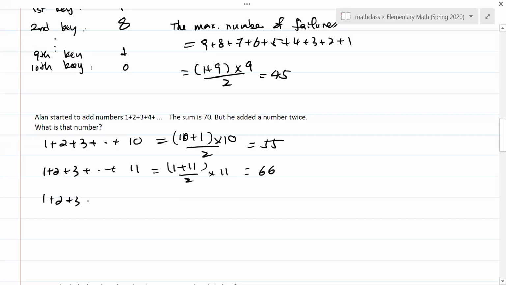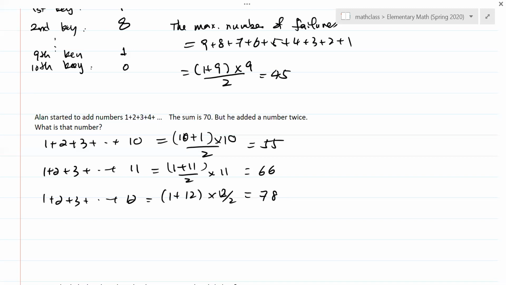Now 1 plus 2 plus 3 up to 12: 1 plus 12, times 12, divided by 2. Let me check: 13 times 6 is 78. So this is larger than 70.